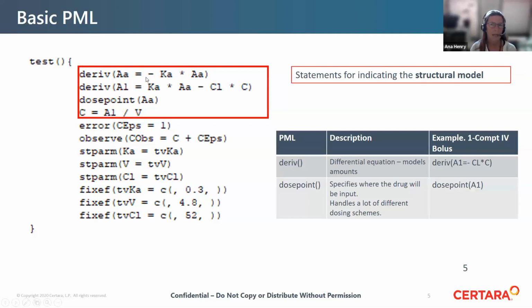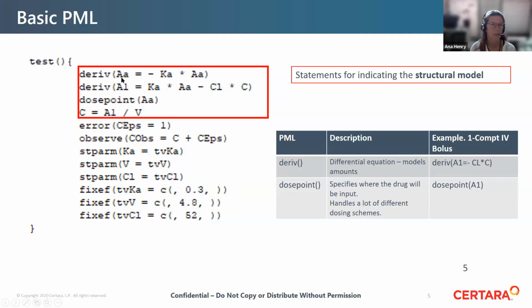In this example, I have the structural model statements, just to start showing you some of those. For example, deriv is the differential equation, and it is in terms of amounts. So these big A's are amounts. You can see here, this is a one compartment model with extravascular absorption, so we need an absorption compartment.